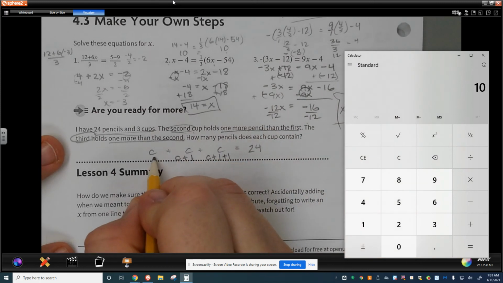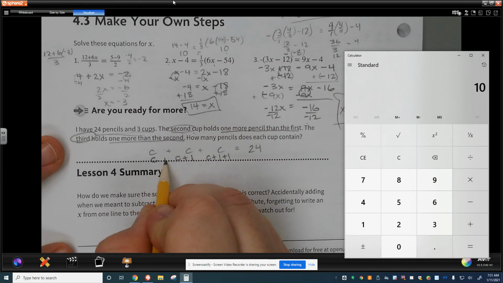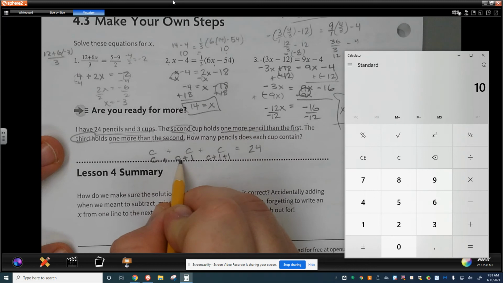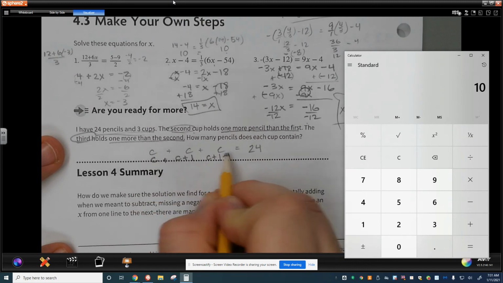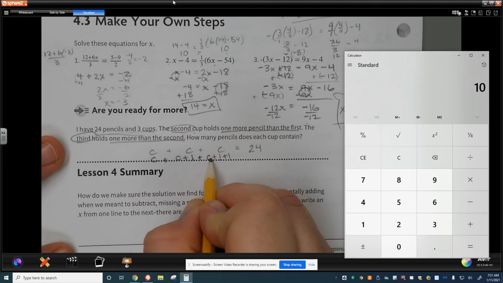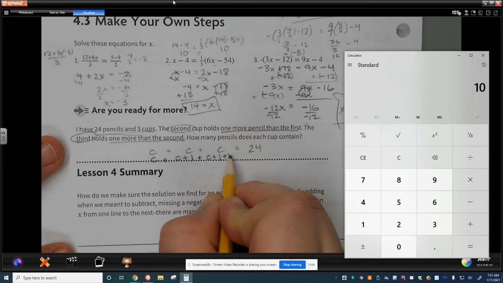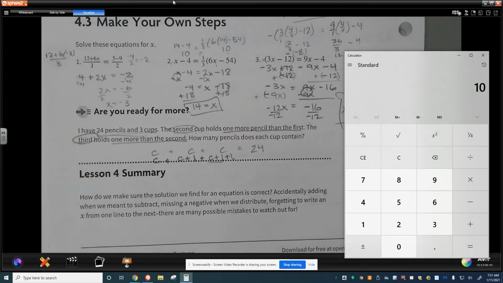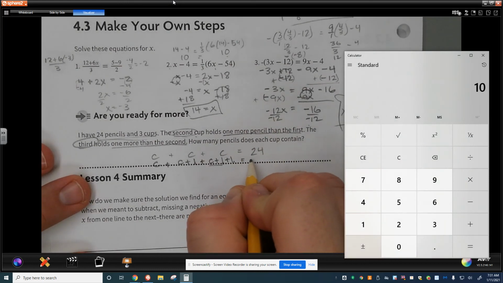So I've gone from the first cup, to the second cup having 1 more than the first, and then the third cup having 1 more than the second cup. A little bit challenging, but I think it's manageable. And I know that is equal to 24.